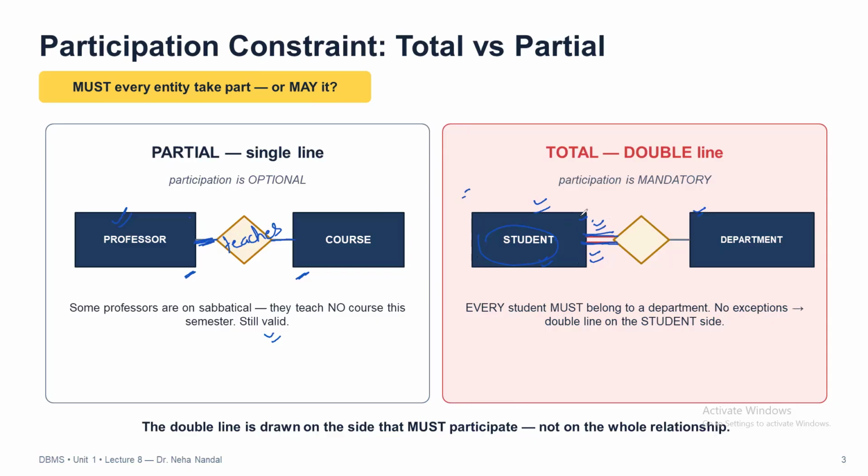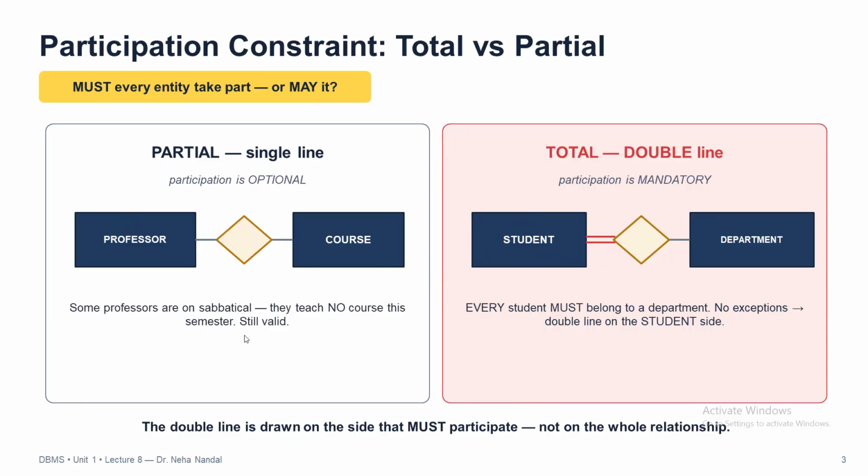A new department can be launched without immediately having students. But students, whenever they get admission, have to be part of some department. That is total participation. Great, let's see further.